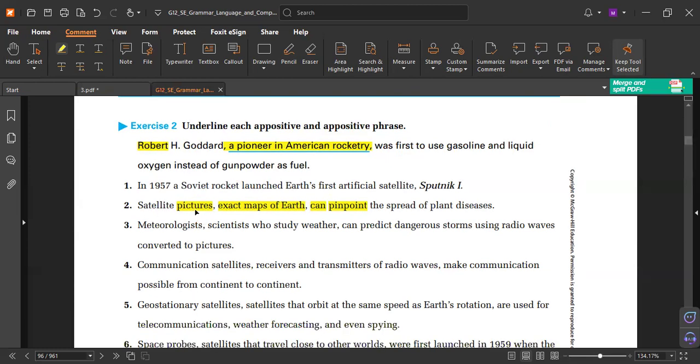And look, satellite pictures can pinpoint the spread of plant diseases. The satellite in the sky, too far, can catch bacteria on Earth. Yes. We can find the enemy and kill him quickly. Yes or no, my dear?